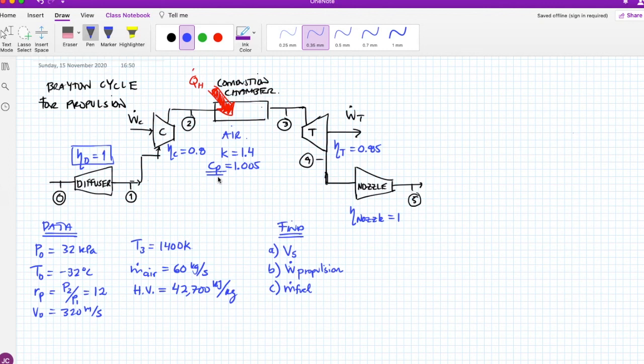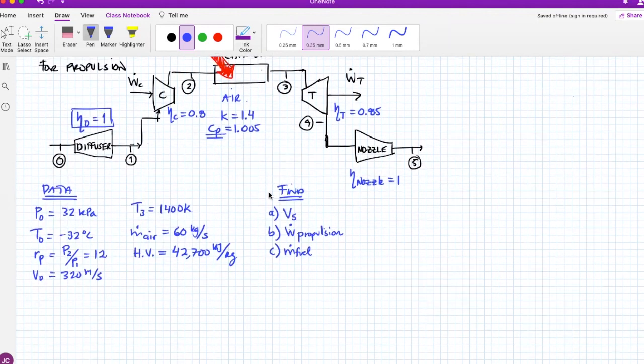But we can assume that this is not happening, because it's a good approximation. I was going to say that there's not much temperature change. No, there's a huge temperature change, but nonetheless, CP doesn't change that much. If you want more accurate results, you need to use a function of the thermal capacity regarding the temperature. But for the sake of this course, we can take it as non-changing. The CP is constant.